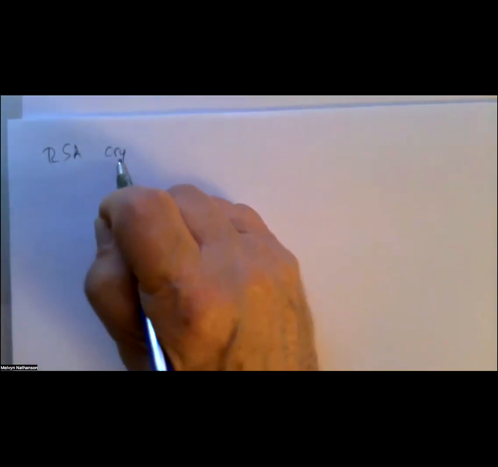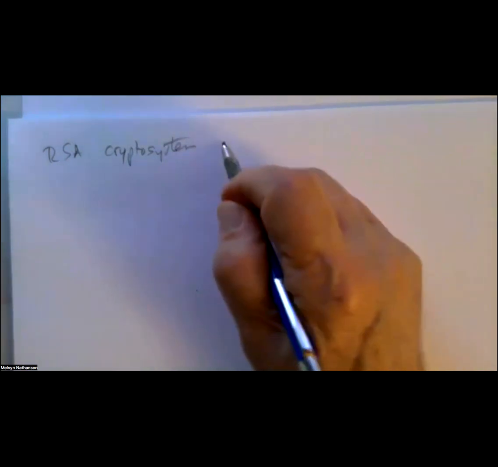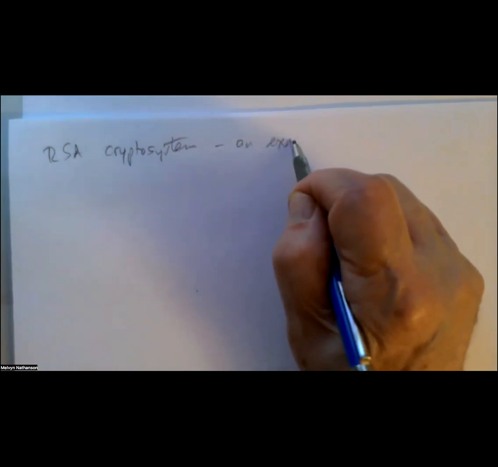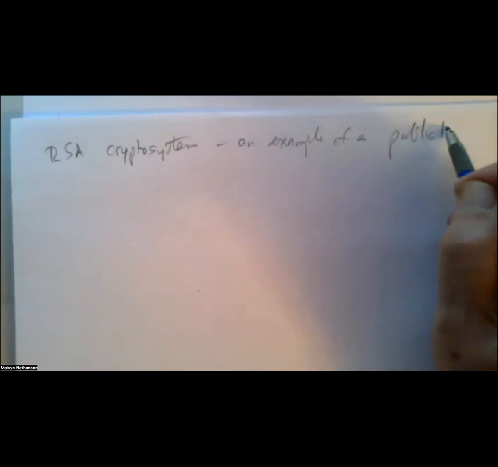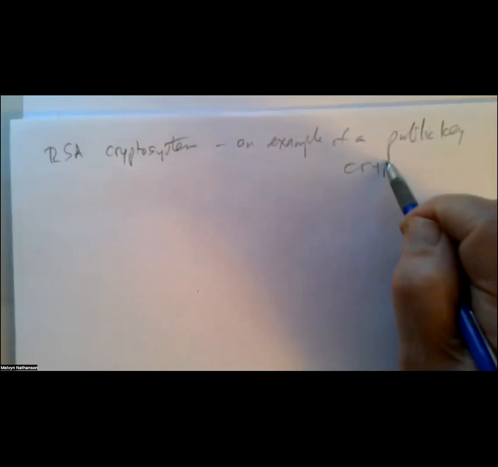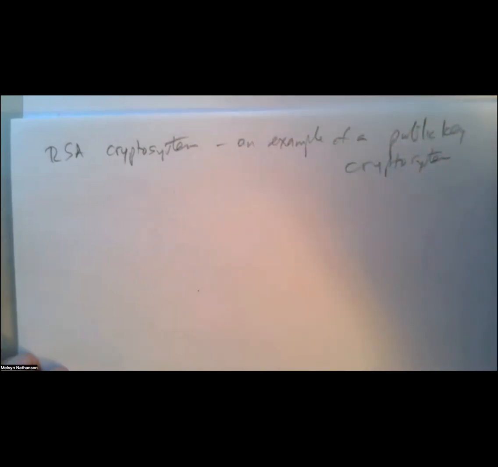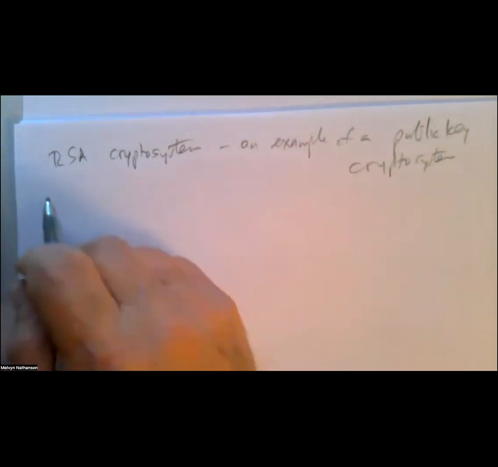RSA crypto system, which is an example of a public key crypto system. So what is the setup?